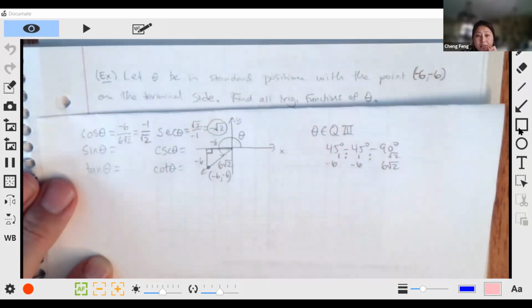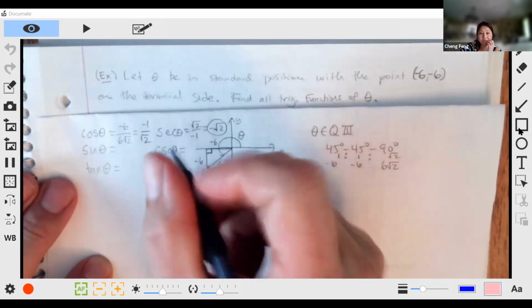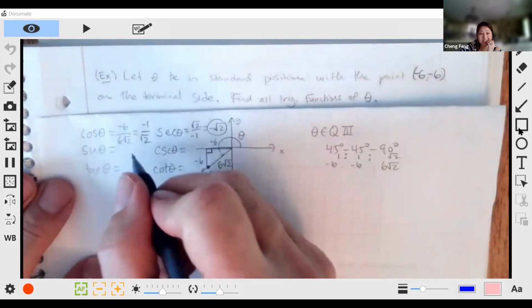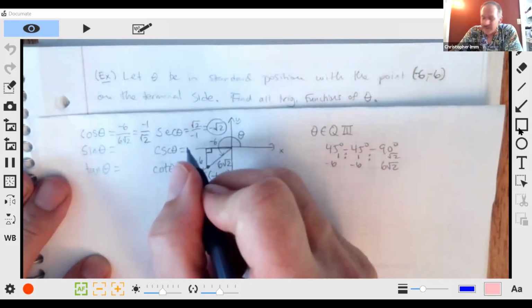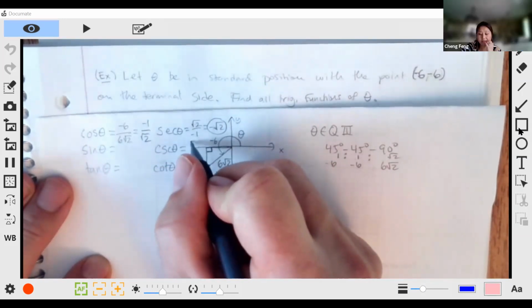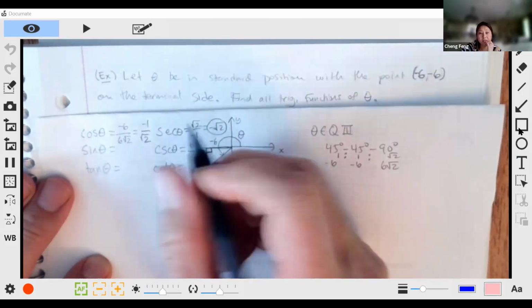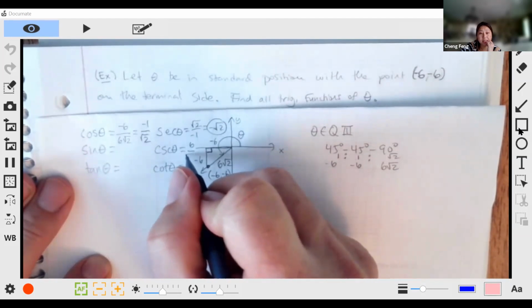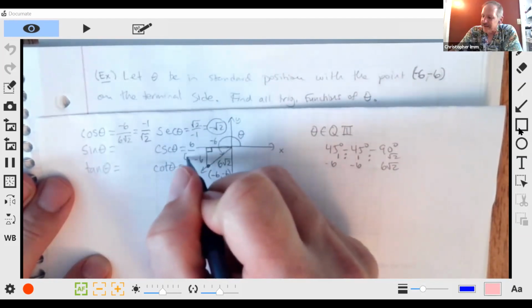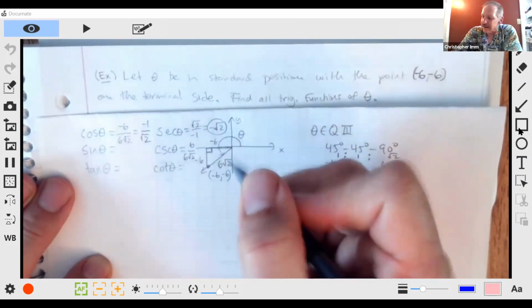Cosecant is 6 over 6 square root of 2, yeah, like that.